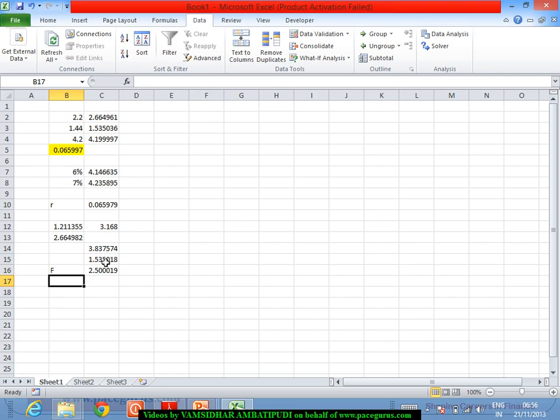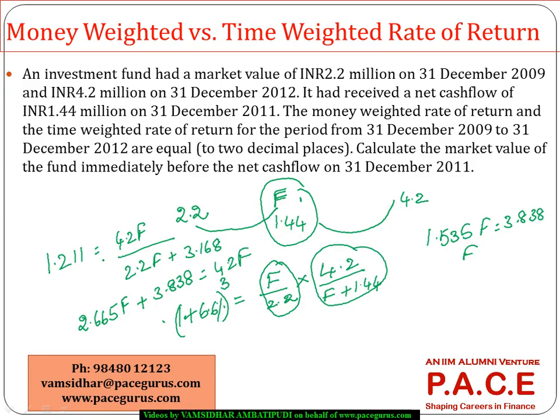So what do I notice from here? The 2.2 million that has been invested on 31st December 2009 got translated into 2.5 million, providing returns of around 0.3 million, resulting in 2.5 million at the end of December 2011, and another 1.44 million added during that time has resulted in the overall total of 4.2 million at the end of 2012.